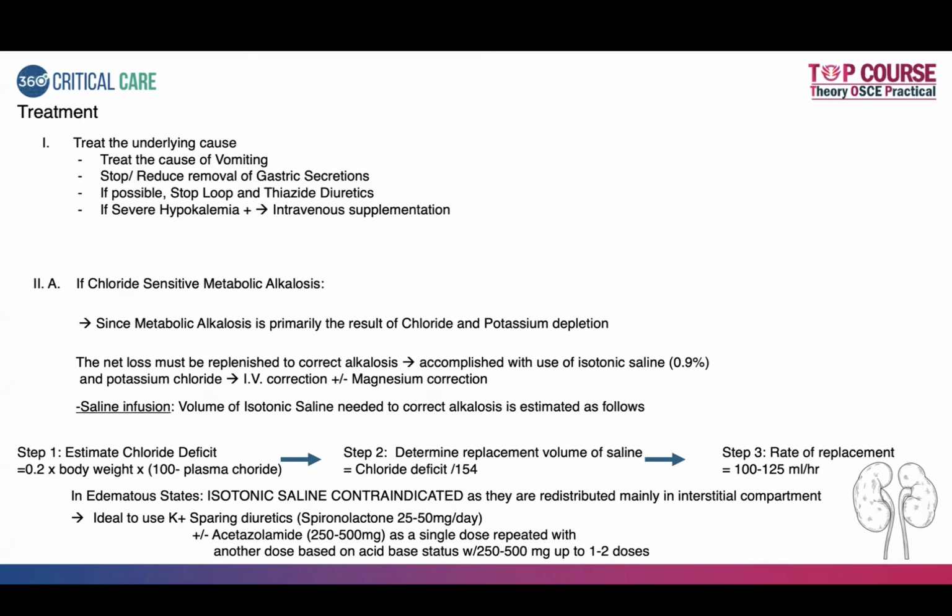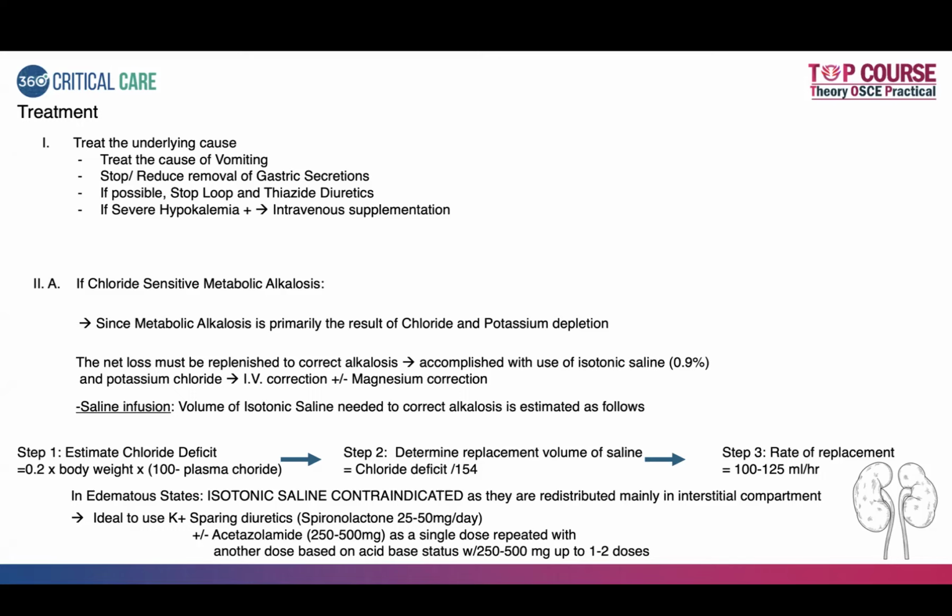So in regard to the saline infusion, the volume of isotonic saline needs to be calculated to correct alkalosis. The formula is usually given as follows. The first step is to estimate the chloride deficit, which is given as 0.2 into body weight into (100 minus plasma chloride).